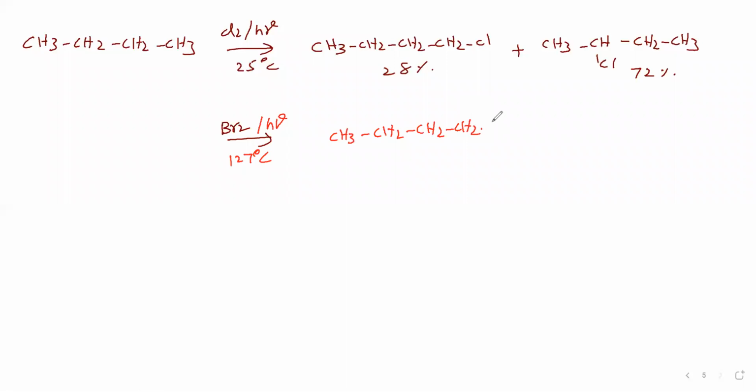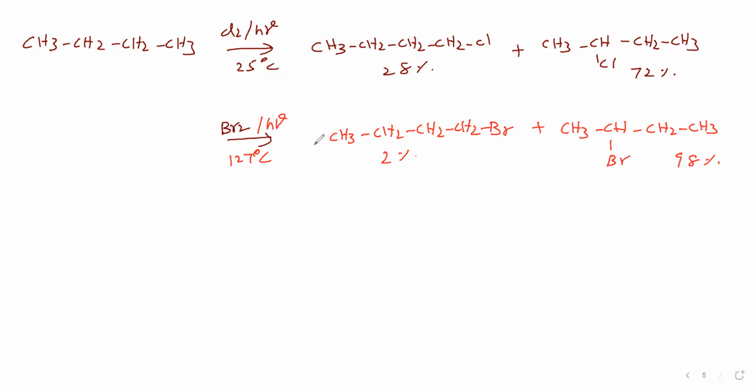Primary hydrogen is going for bromination. The yield is 2%. Secondary hydrogen is going for bromination. The yield is 98%. Secondary hydrogen has gone for halogenation, so the yield is 98%.